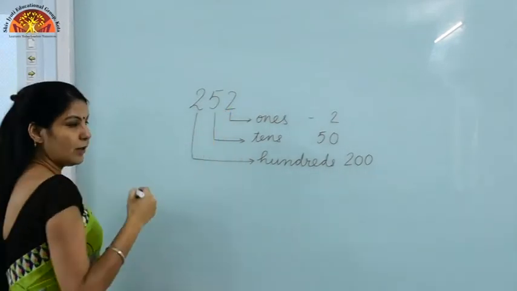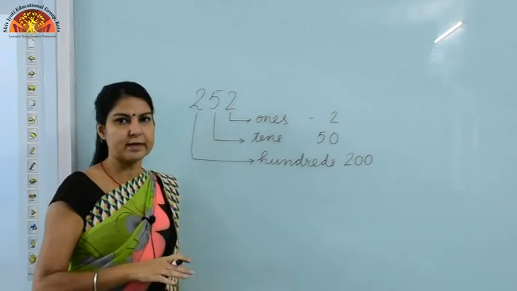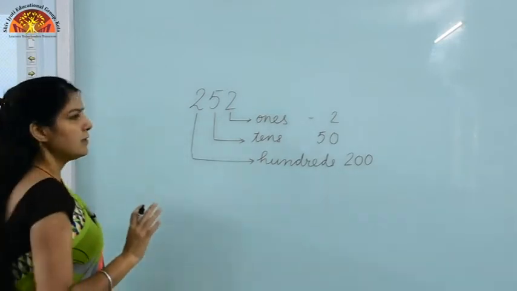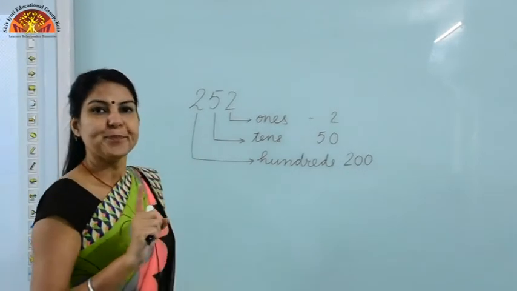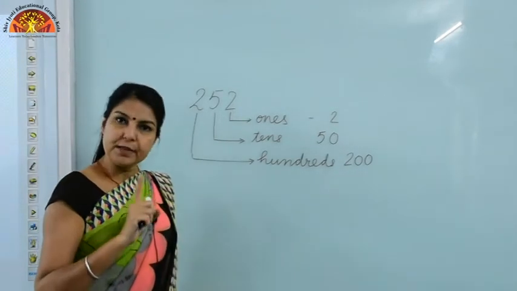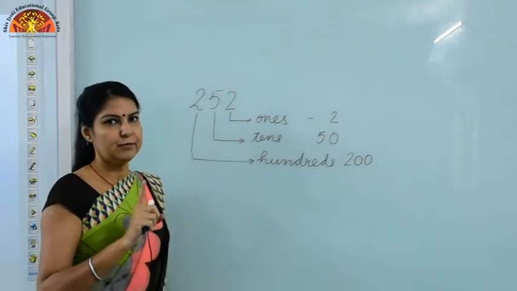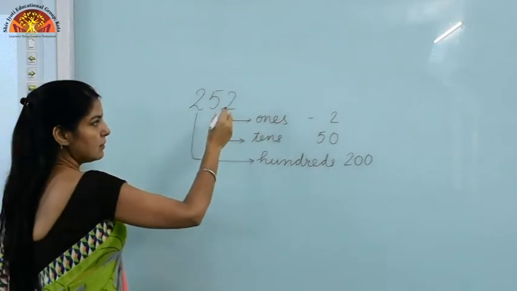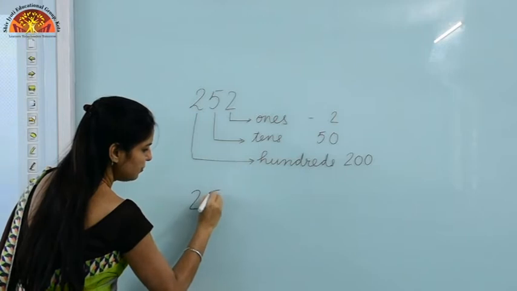Now we will tell the face value of these digits. Here what is face value? First of all you have to find it. The face value is the number itself. The number is the same no matter at which place it is written, and a number can have more than one place, but place value will be only one. Here 2. Again we are watching this number 252.